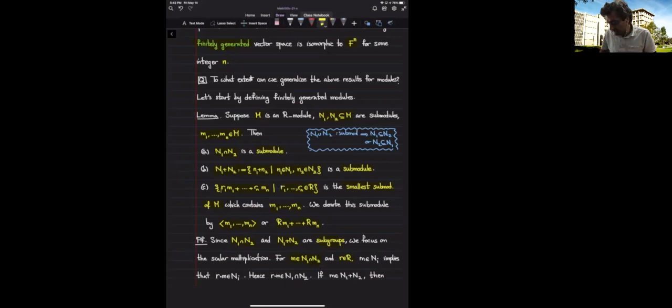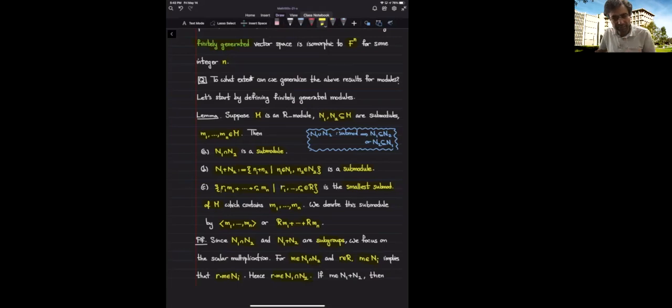Notice that m is inside N sub i, and N sub i is a submodule. That implies that R times m is also inside N sub i, since N sub i is closed under scalar multiplication. So R times m is inside N1 and N2, so it is inside the intersection. That shows the intersection is a submodule.